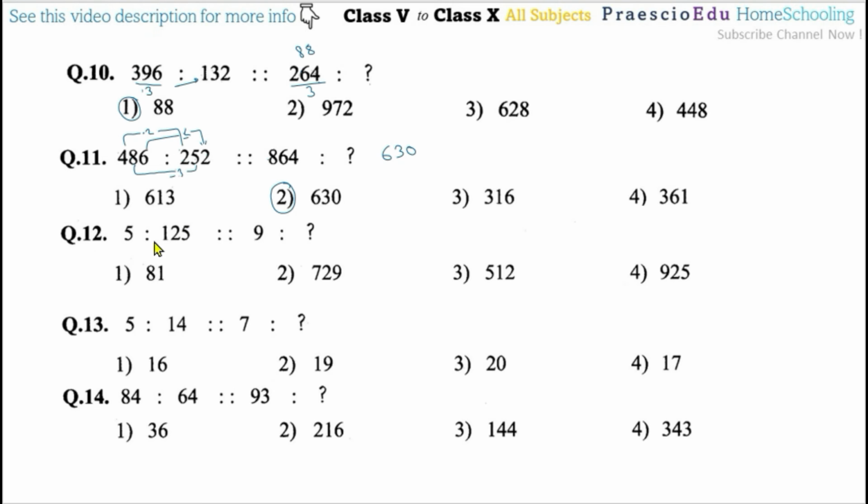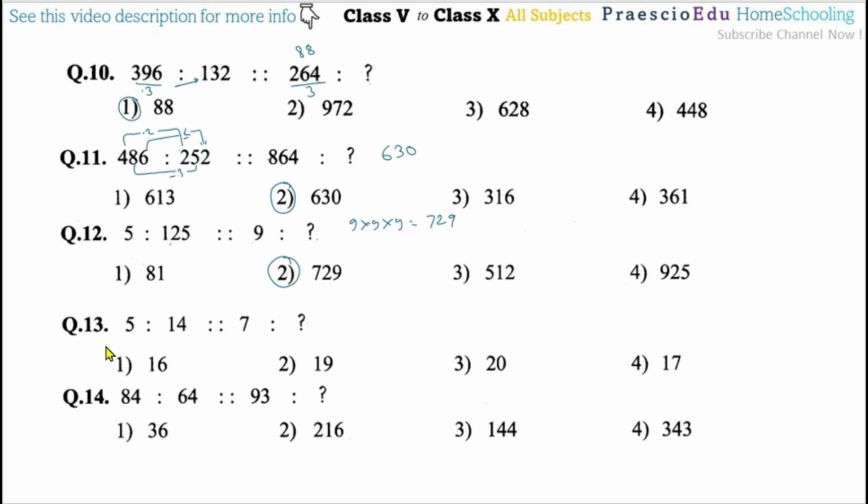Then question number 12, 5, 125, then 9 and question mark. So 5's cube is 125, likewise 9's cube is 9 multiplied by 9 multiplied by 9, it's 81 multiplied by 9, we are getting 729. So this is given in option number 2.